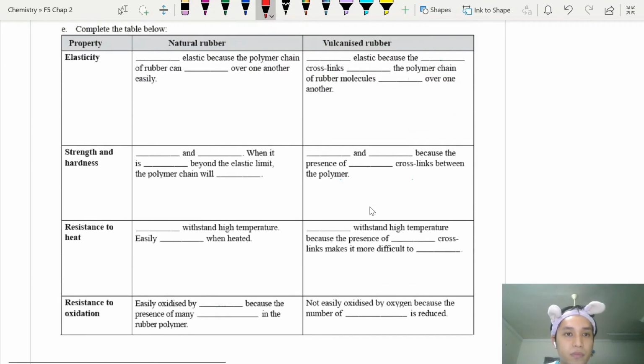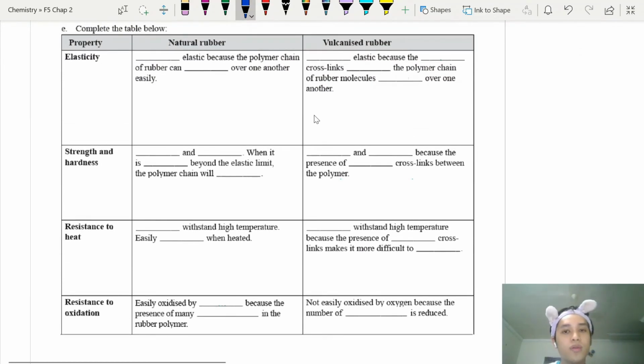So you need to know the differences between natural rubber and vulcanized rubber. This is normally in your essay questions, 10 marks. They will ask you to compare, so you need to compare in terms of elasticity, strength, and resistance to heat and oxidation. Natural rubber, compared to vulcanized rubber, is less elastic, because the molecules can slide over one another easily.